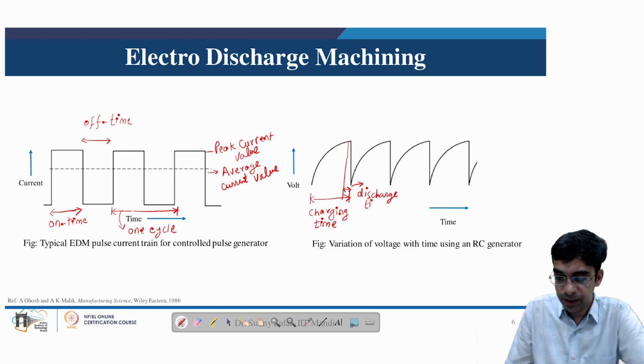This is the discharge time. And here also one cycle is the complete charge and discharge cycle.